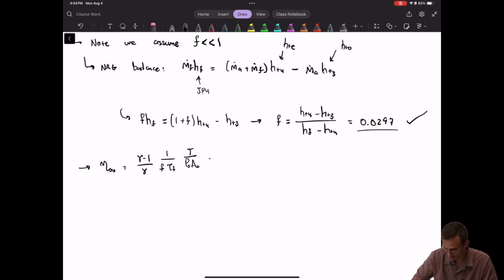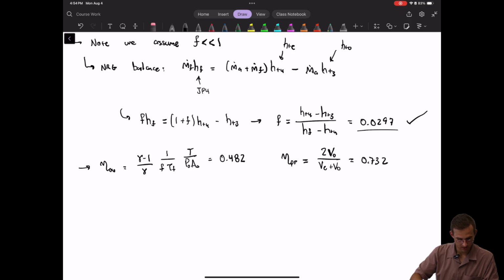We end up with a 0.482 value for efficiency. For the propulsive efficiency, since it's perfectly expanded, we can just look at 2 V naught over VE plus V naught, and that's 0.732, okay?